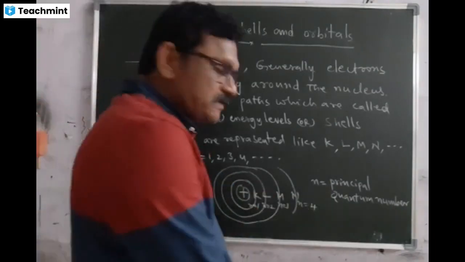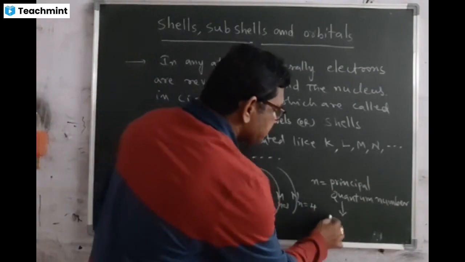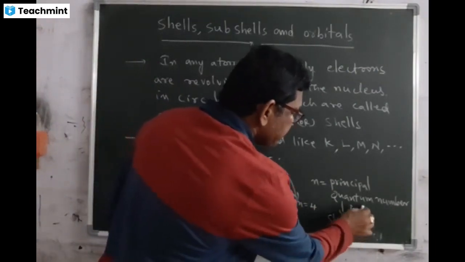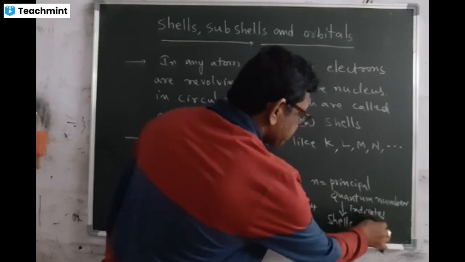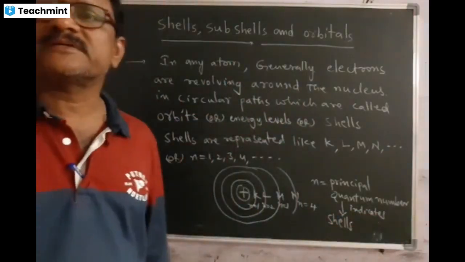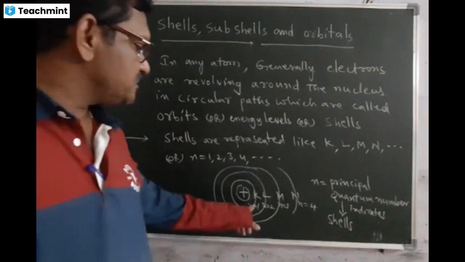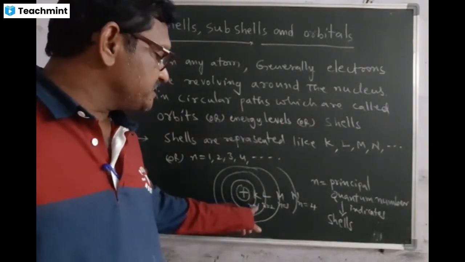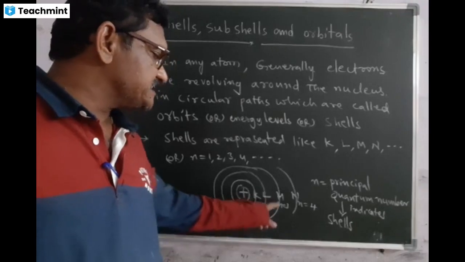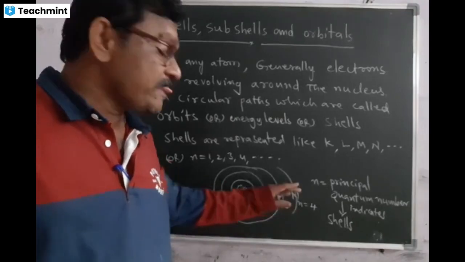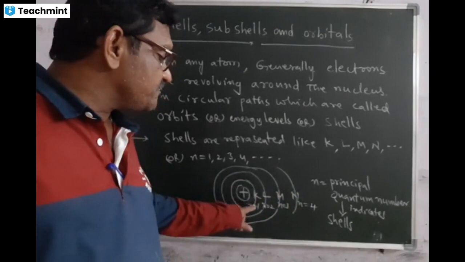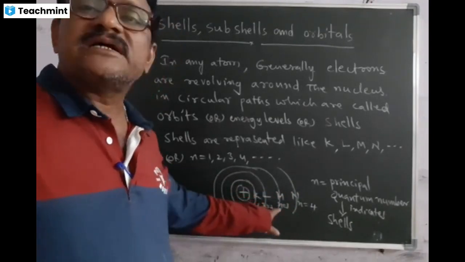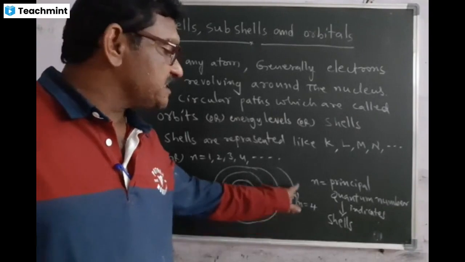That means the principal quantum number represents cells. It indicates cells. That thing you remember. So n is equal to 1 is the first cell, this is the second cell, this is the third cell, this is the fourth cell. Another notation: the first cell is called the K cell, the second cell is called the L cell, the third cell is called the M cell, the fourth cell is called the N cell.